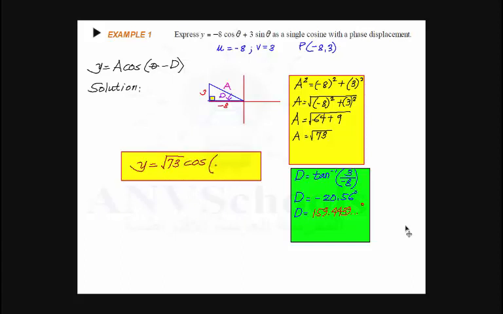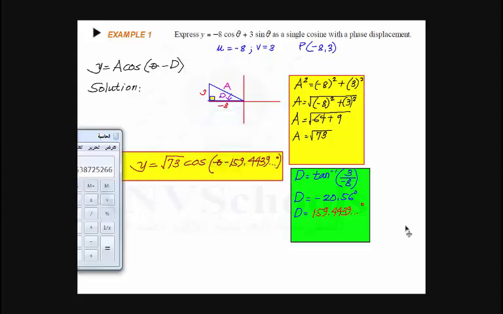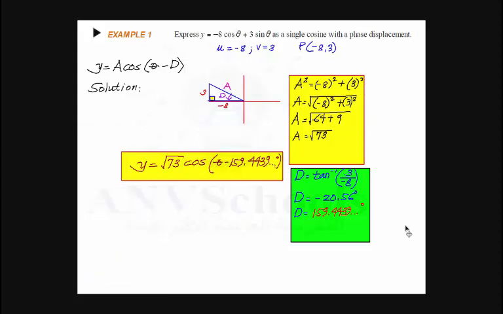Okay, theta minus 159.4439. So that is the answer for example number 1.